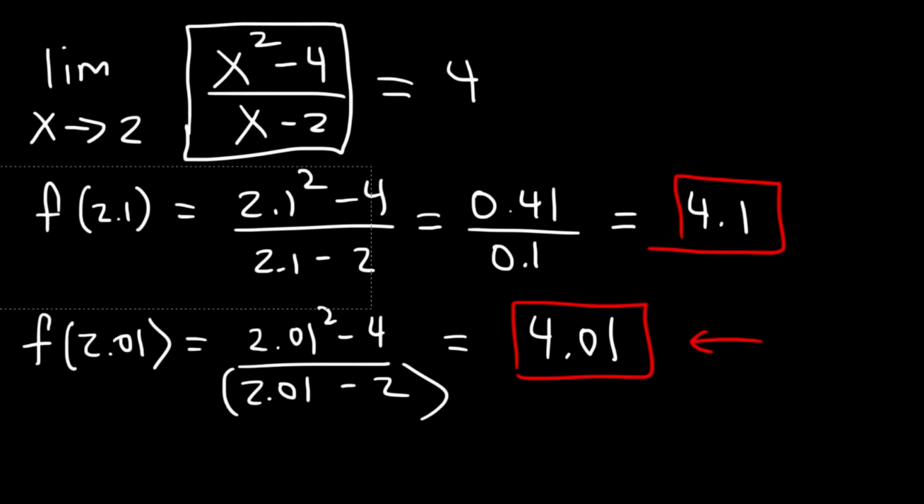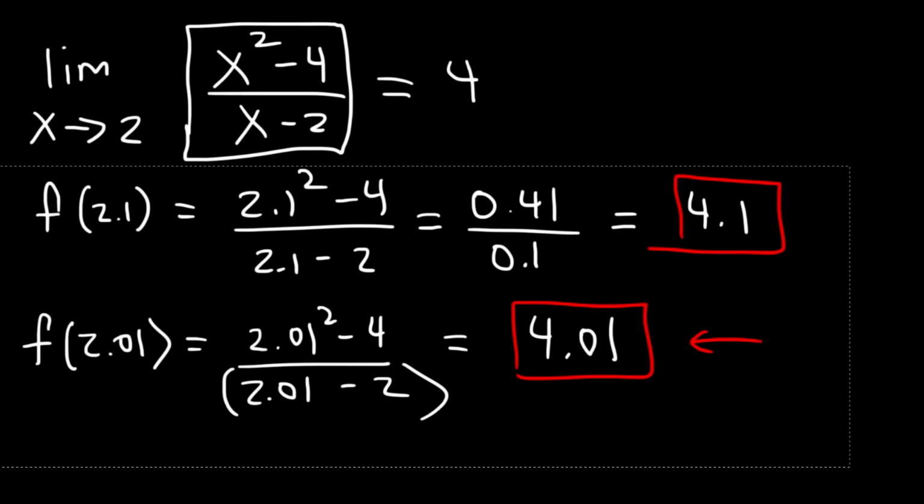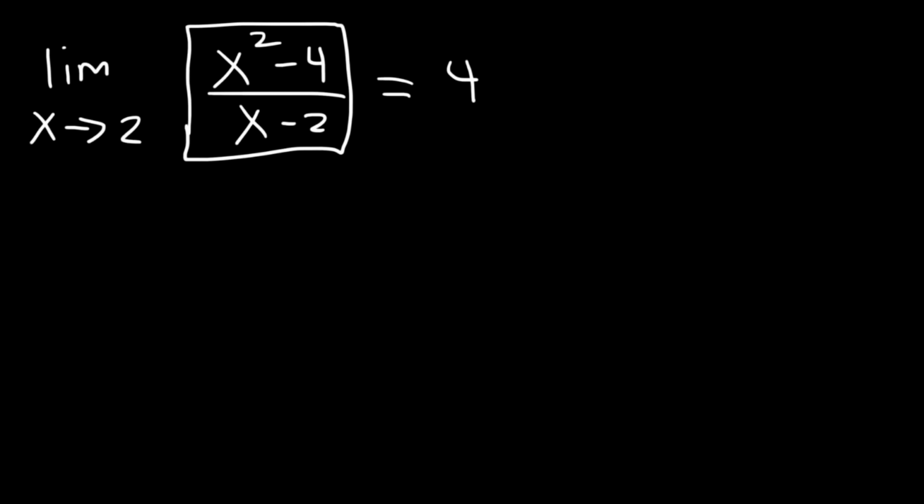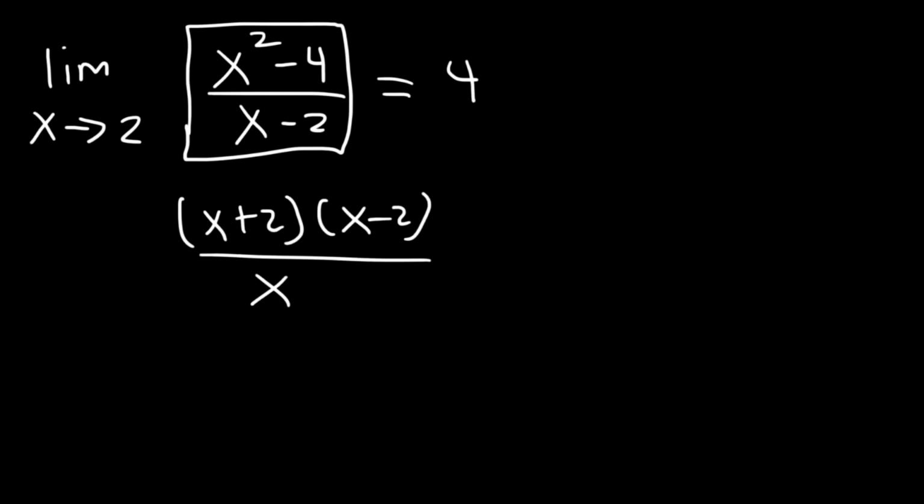Now sometimes you have to use other techniques to get the answer. In this particular example, we could factor. x squared minus 4, you can write it as x plus 2 times x minus 2. Now we need to rewrite the limit expression until we replace x with 2. Notice that we can cancel x minus 2.